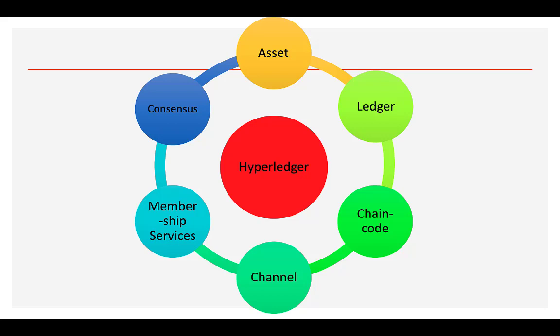One important concept is the membership service that basically gives identity to people, and it is also pluggable. You could use a standard digital certificate technique or some kind of enterprise authentication and access control mechanism. Hyperledger also has smart contracts which are called chain codes. Hyperledger also has the concept of channels, so you can run on the same Hyperledger network multiple private channels between different nodes, which will have their own ledgers.